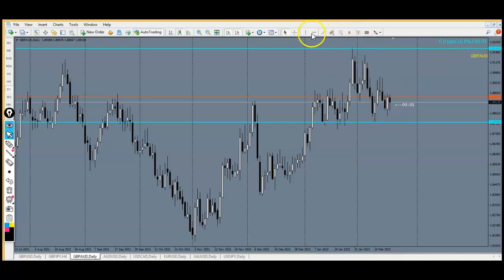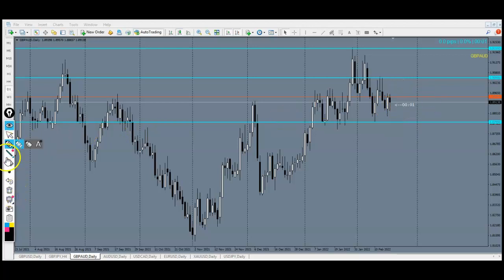So we'll be looking for it to come back to these levels and possibly break back down. So it may come back up here and break down, or come down here and break up, or it may just decide to continue going sideways.